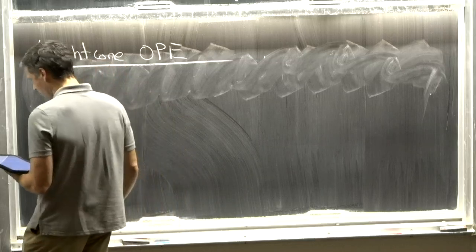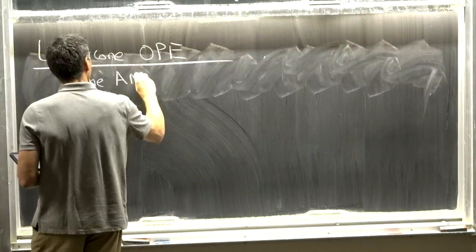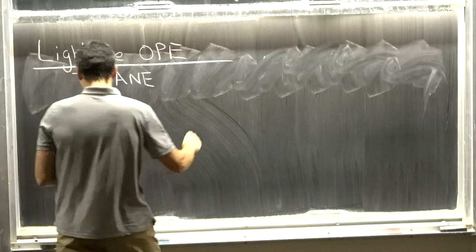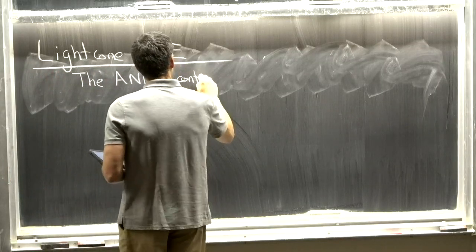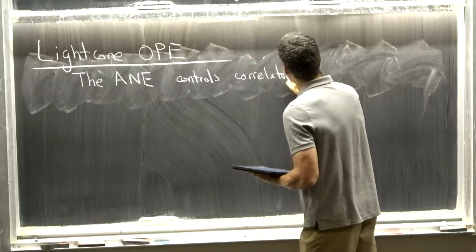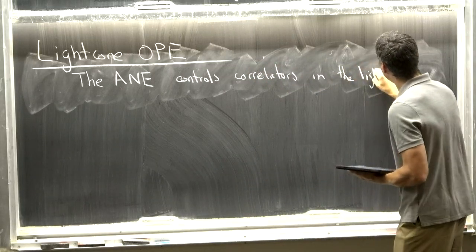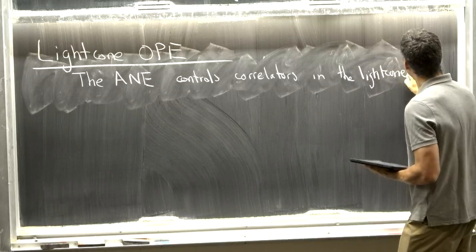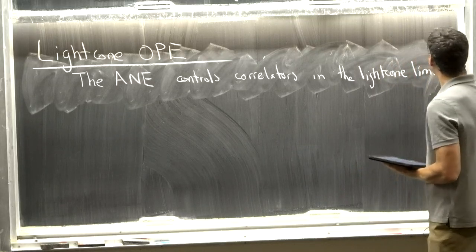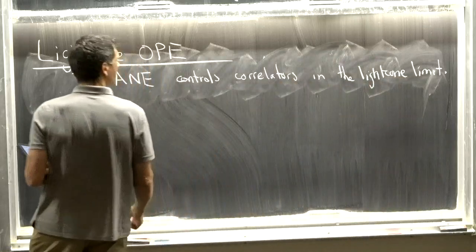The message of this will be that the average null energy controls correlators in the light cone limit.